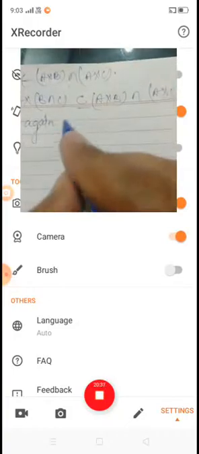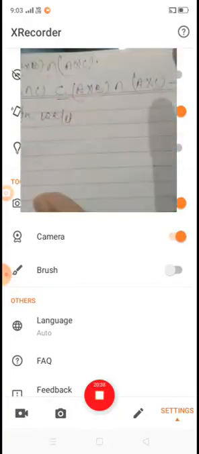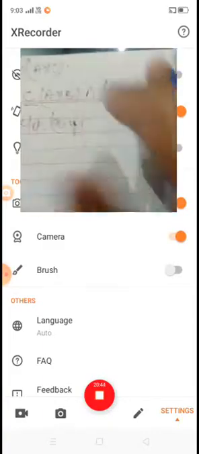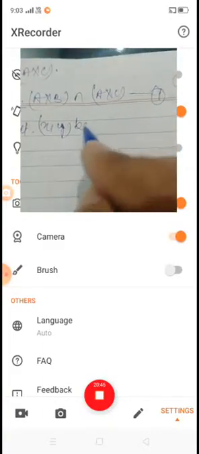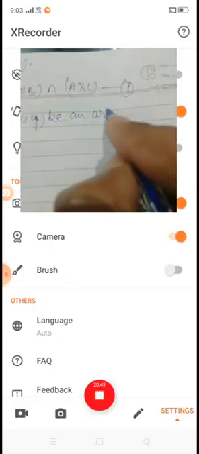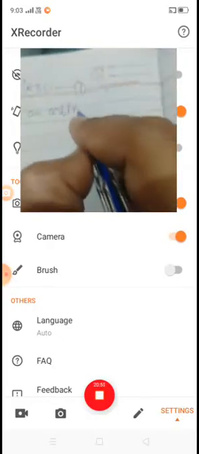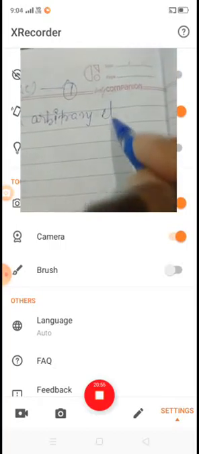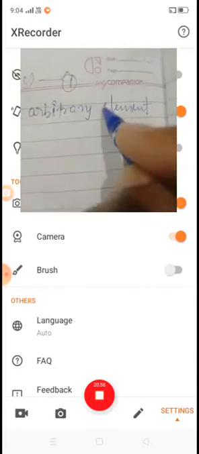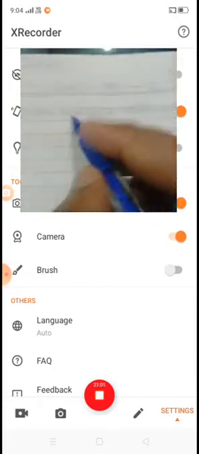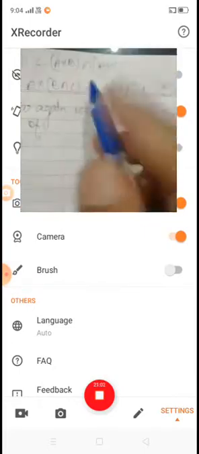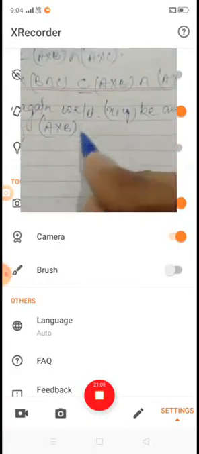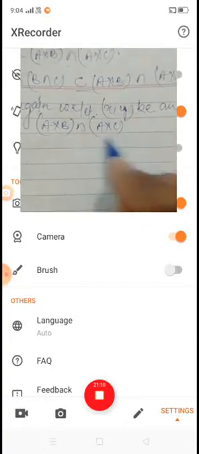Again we let (x, y) be an arbitrary element of A cross B intersection A cross C.